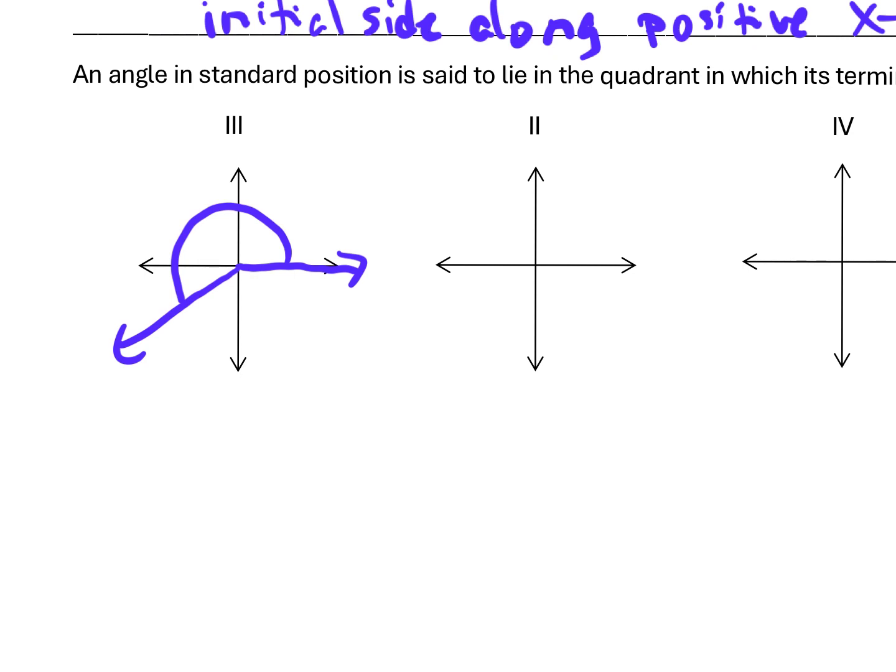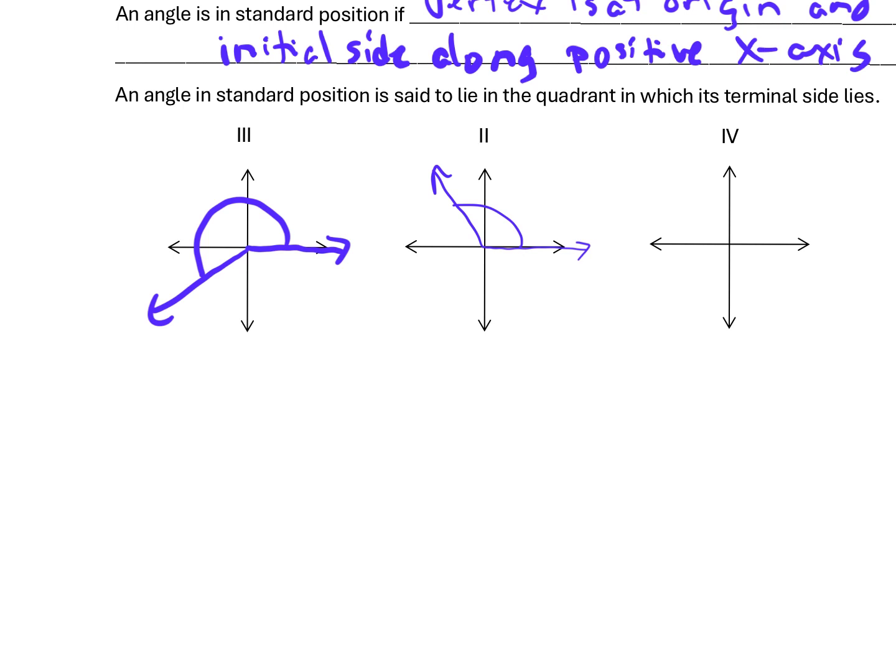If I say that we're looking at an angle that is in quadrant 2, that means we're starting in standard position and we're rotating around to somewhere here in quadrant 2. And then for quadrant 4, that means we're starting here, we're rotating around somewhere to quadrant 4.